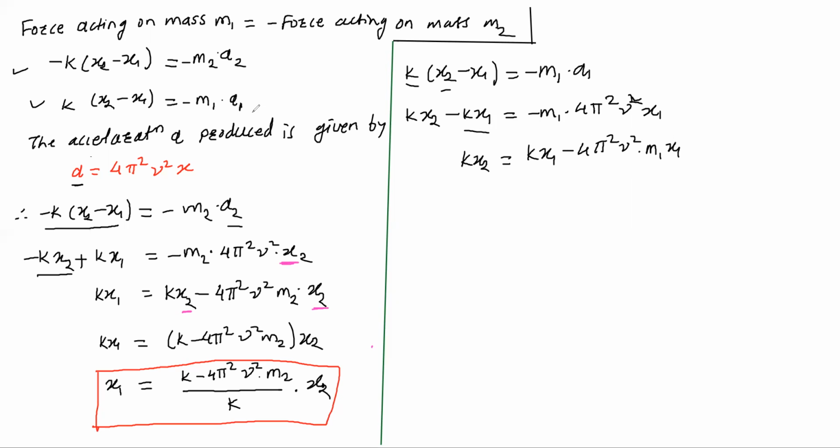Again x1 is the common factor, so we write down the equation like this: k x2 is equal to k minus 4 pi square nu square times m1, and x1 is the common factor.